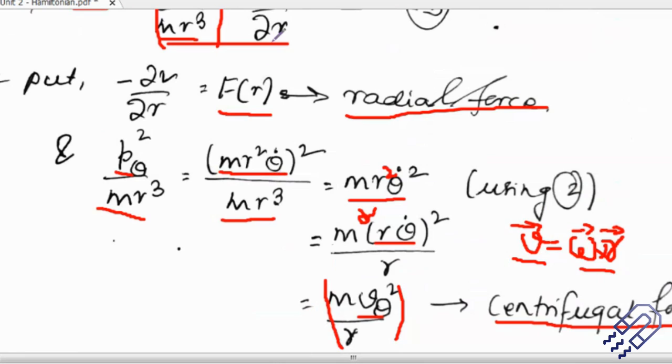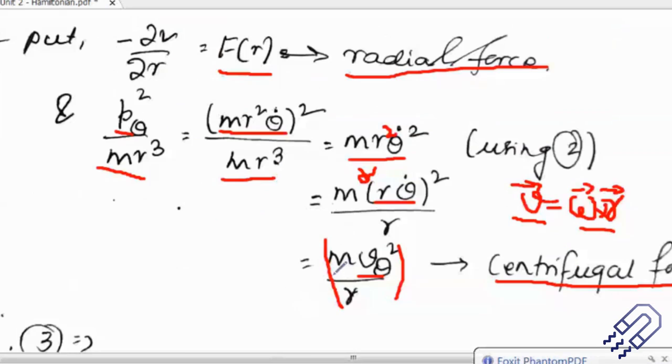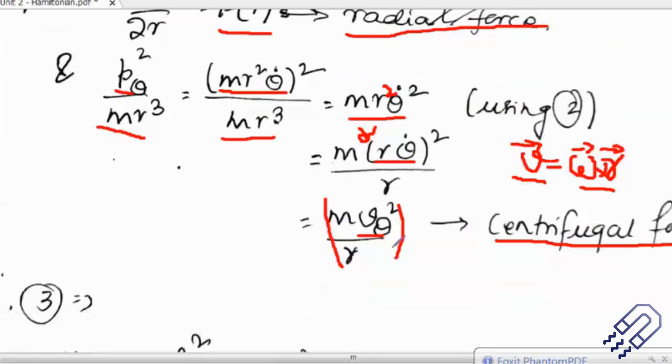Next, it is minus del V del R. I won't cut any marks if you just leave it as minus del V del R. But if you're writing down an equation, it's better to write it in terms of force, because conventionally in classical mechanics, whenever we talk about a force equation of motion, we think in terms of F is equal to ma, mass into acceleration. You see this is centrifugal force, so that is a force.